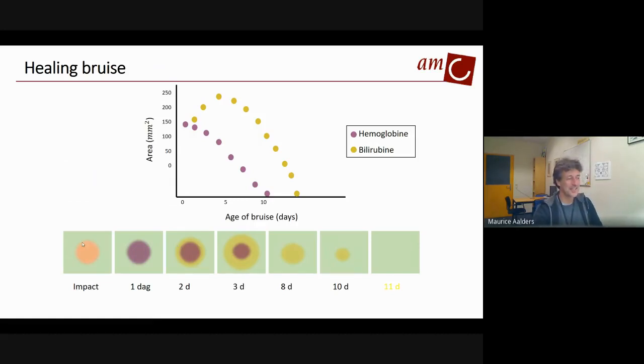So what we can see then is after some days, there's an area of hemoglobin which slightly goes down because it's converted to bilirubin. And here there's production of bilirubin and diffusion of bilirubin. So the area is expanding until things are converted. So these are typical curves for a bruise. And we could see these curves like this a lot.